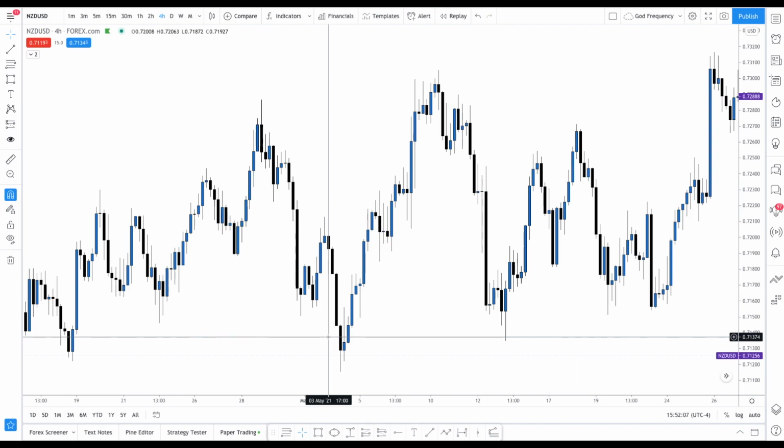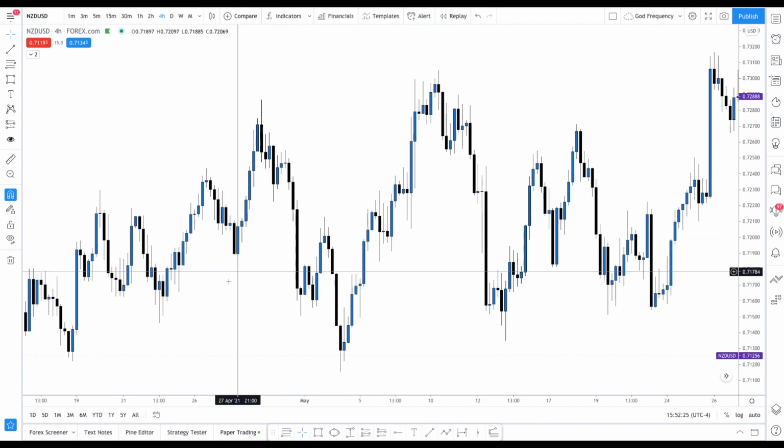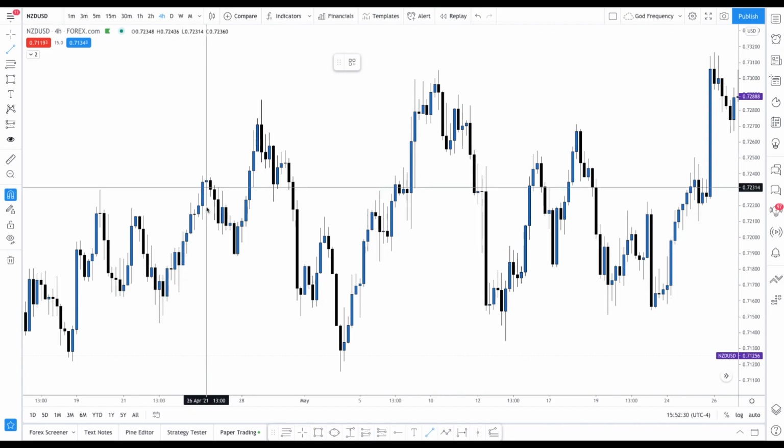And not all order blocks are created equal. So this video is to explain what's more high probability with specific order blocks, so that you can see the differences. First things first, you need to see a break in market structure.